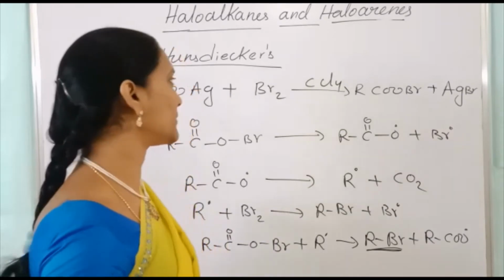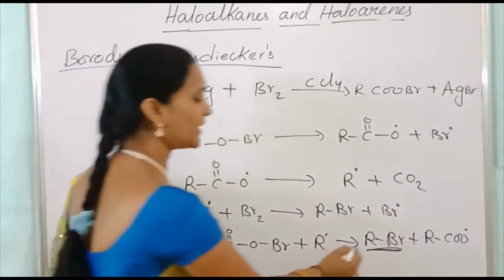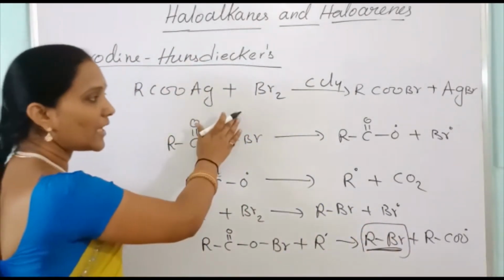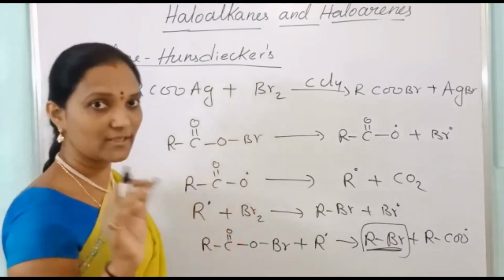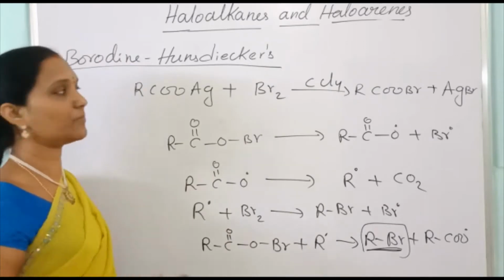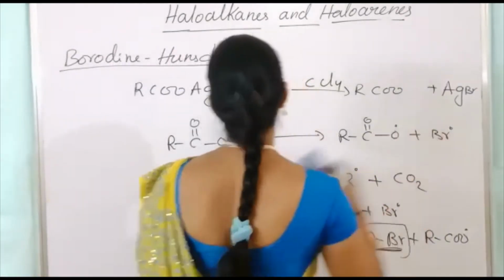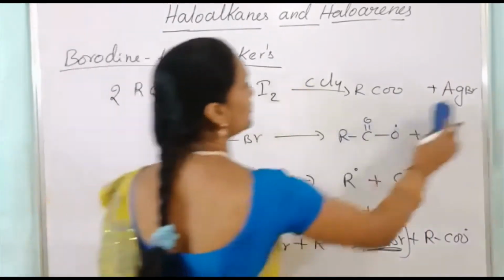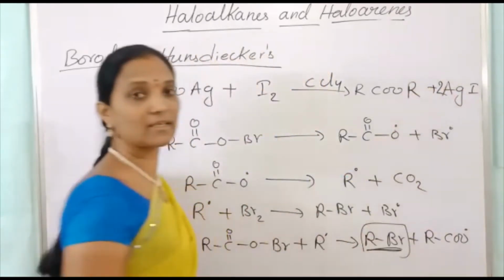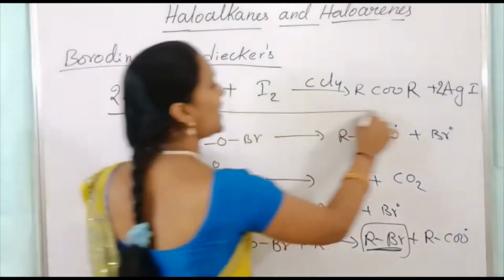Chloride we can also prepare, but the yield is less. Chloride yield is less, bromide yield is more, and this is the best method for the preparation of bromide. Can we prepare iodide or not? If iodine is used, 2 moles are involved in the reaction, AgI elimination and RCOOR ester formation take place.